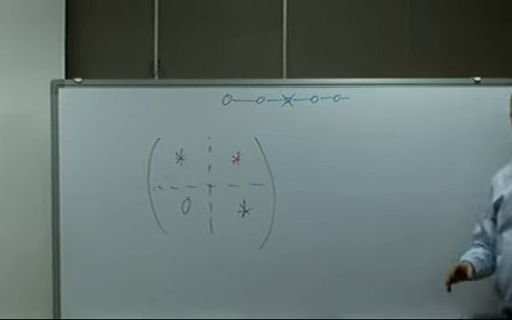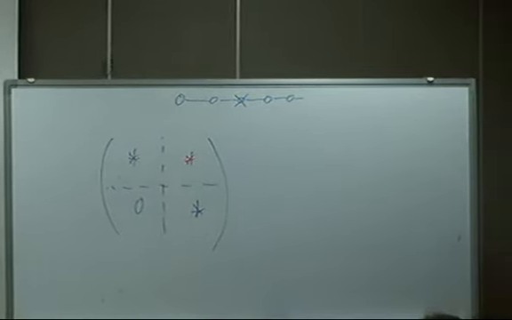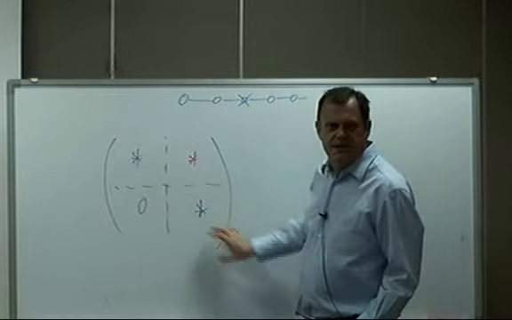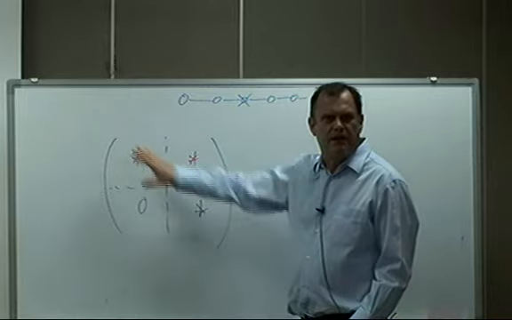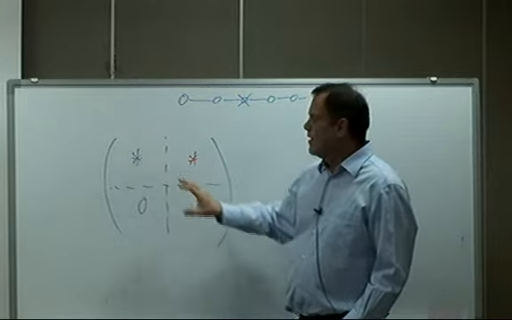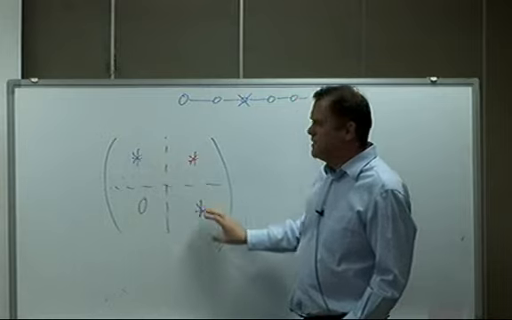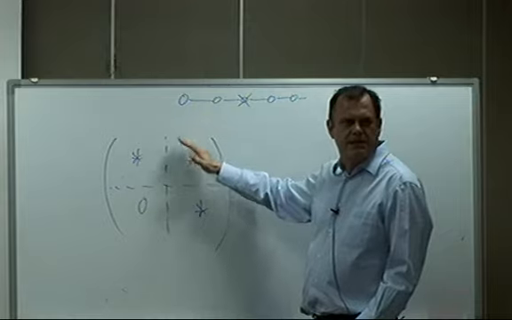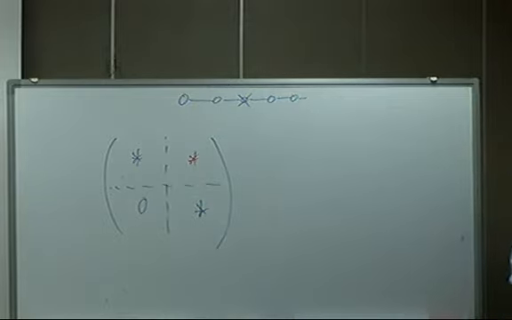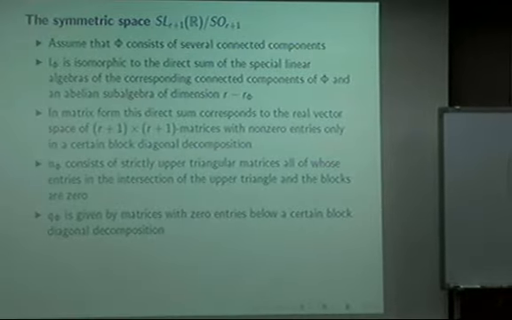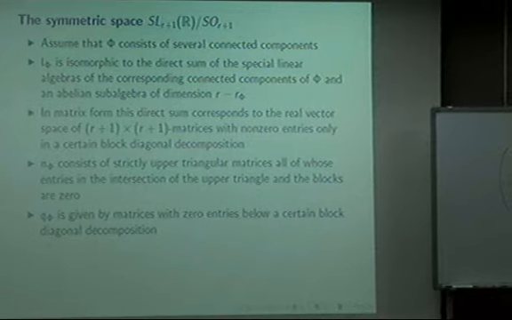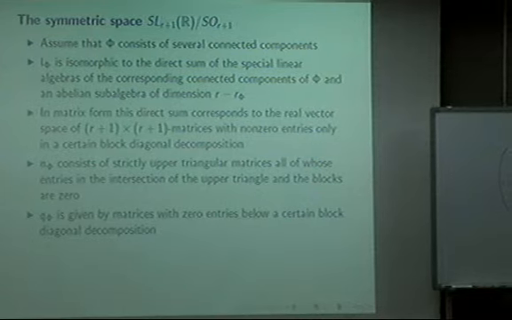So altogether, these parabolic subalgebras in the case of the special linear algebra are just a block diagonal decomposition, and then you have any entries in the block diagonals and in the upper diagonals, and zeros below. These are all parabolic subalgebras. So Q phi is given by matrices with 0 entries below a certain block diagonal decomposition.